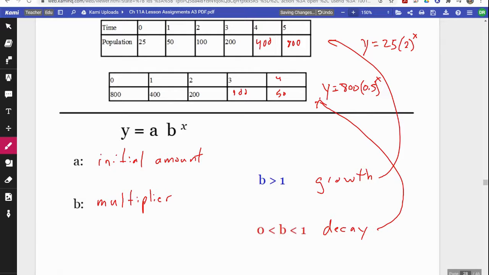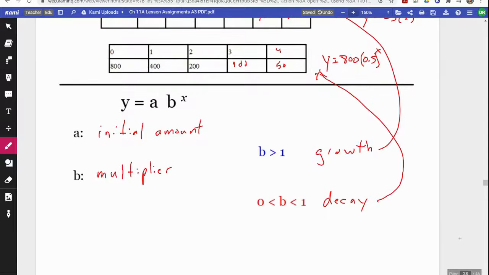So if I plugged in, let's say 4 for x, I would end up getting 50 for an answer. If I plugged in 0 for x, that's the initial value, 0.5 to the 0 power is 1, 800 times 1 is 800. So this is the basic exponential growth and decay formula.